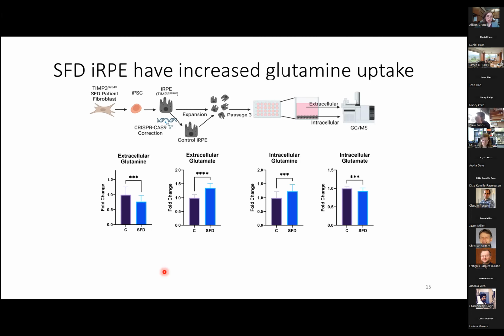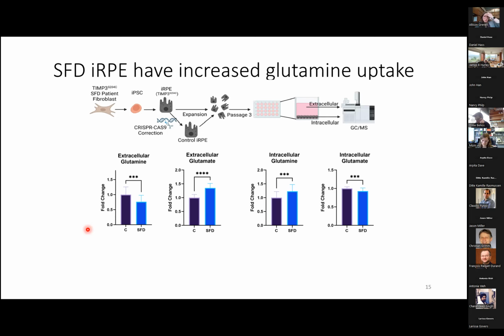So when I looked extracellularly, I found that the mutants had a decrease in extracellular glutamine after 24 hours and an increase in extracellular glutamate, suggesting an increase in glutamine metabolism or uptake.